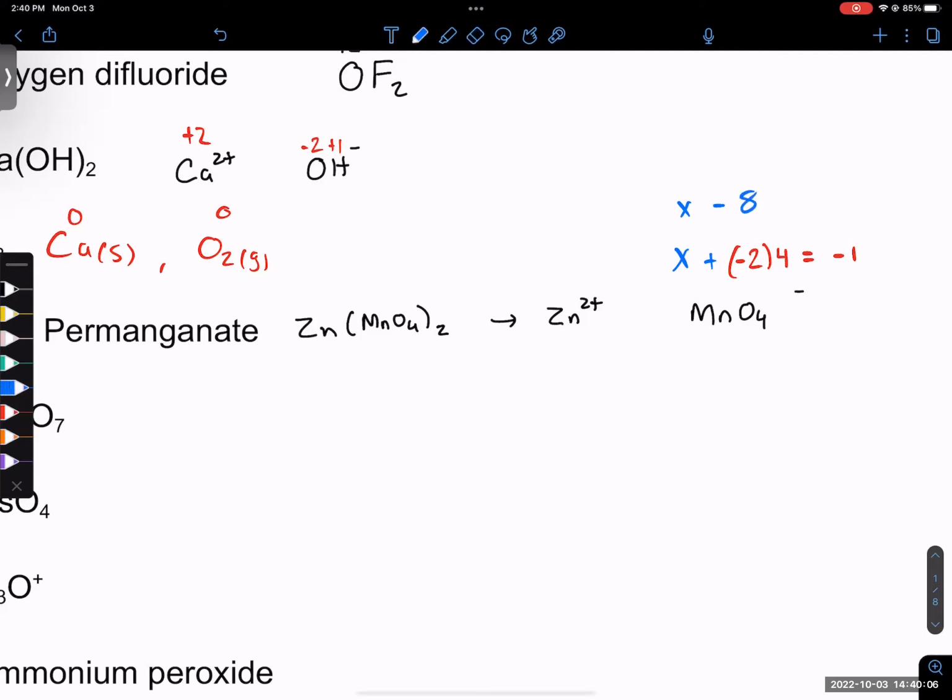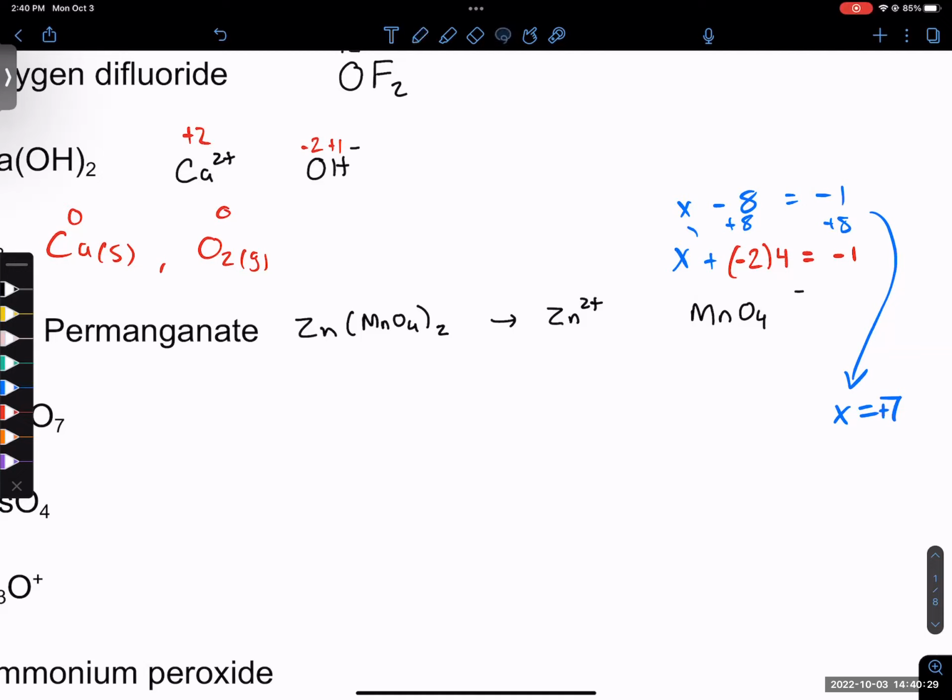So X minus 8 equals -1. So when we solve for X, we add 8 to both sides, and we say X is equal to +7, right? That's just the algebraic way of finding what manganese is.